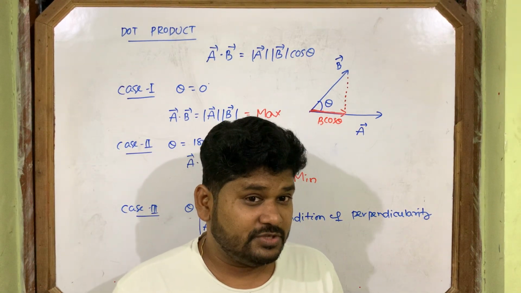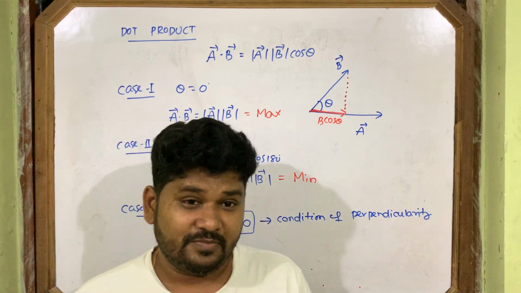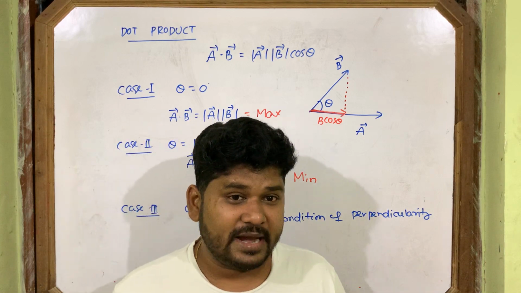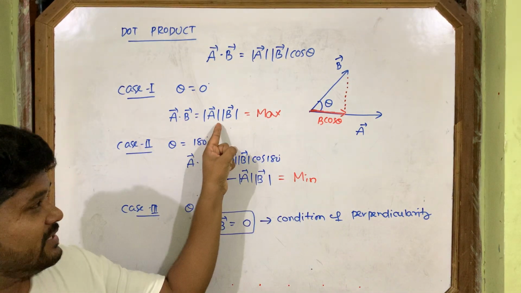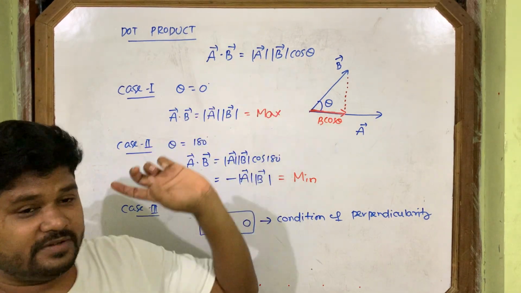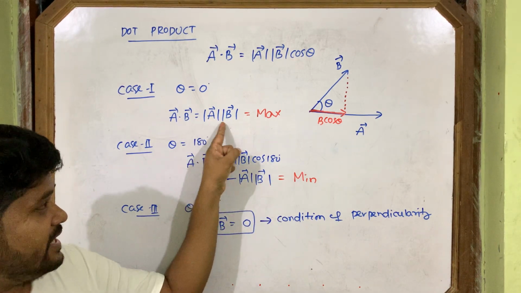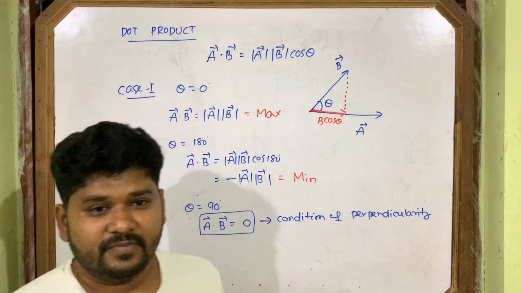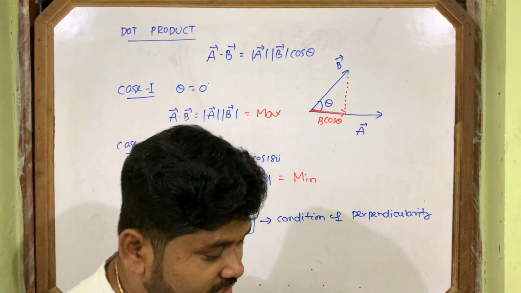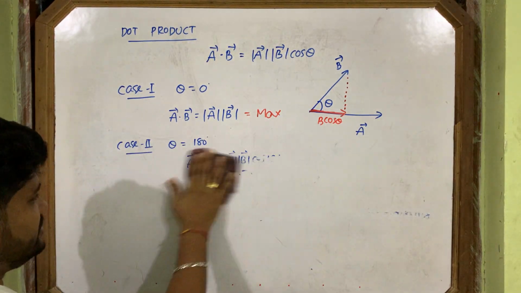Similarly, I have told you, when two vectors are added, the values must lie within A plus B and A minus B. Similarly, when two vectors are multiplied by dot, the values for different angles of theta must lie within plus AB and minus AB. So this is about the different cases of dot product.